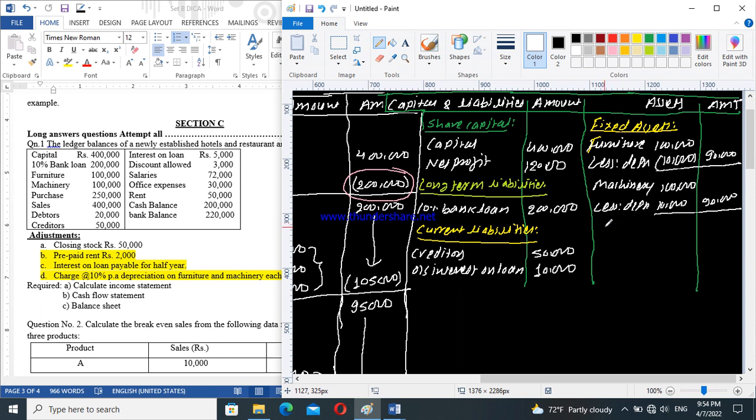Current assets. Current assets involve debtors. Debtors we have 20,000, and next one we have cash balance.